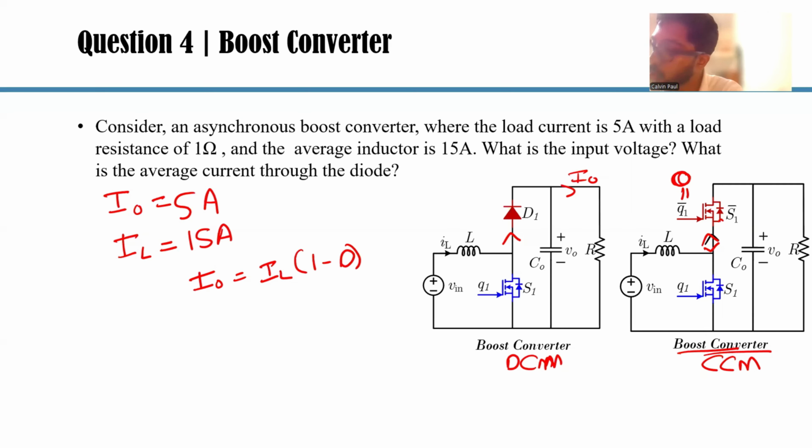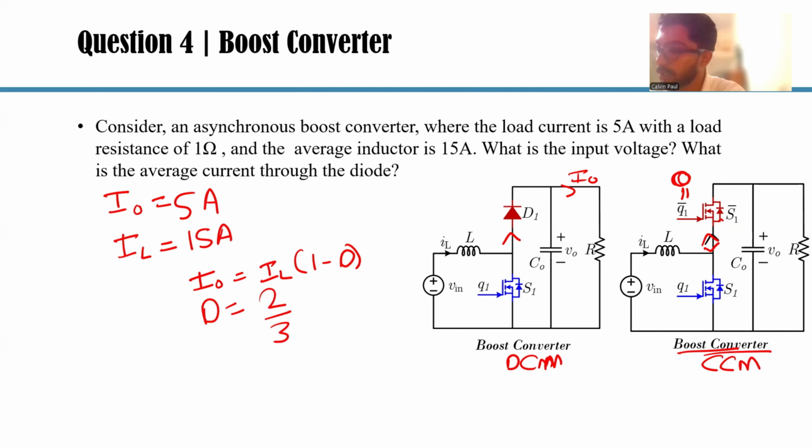We don't know D, so can you calculate and tell me what is D? Two by 3. Okay, so D is equal to 2 by 3.